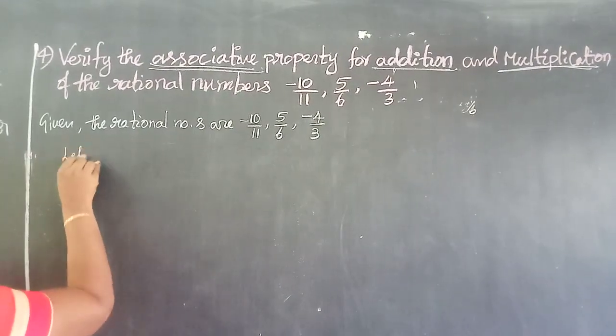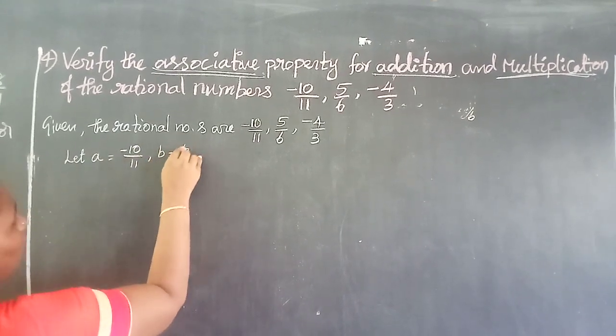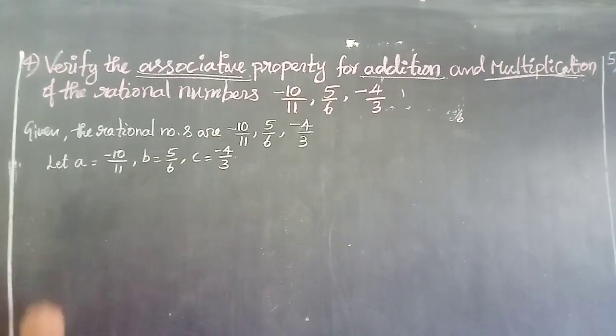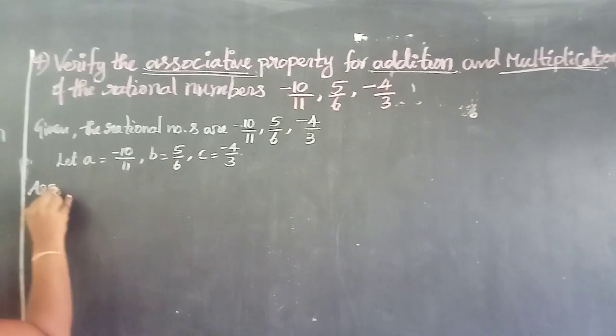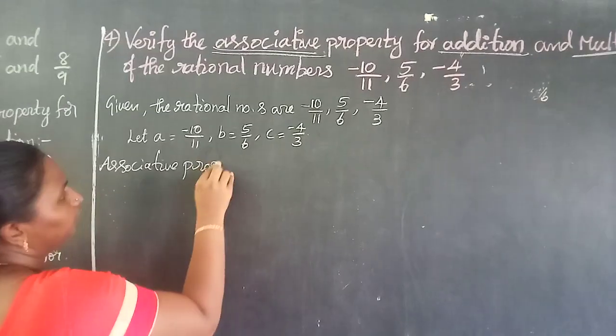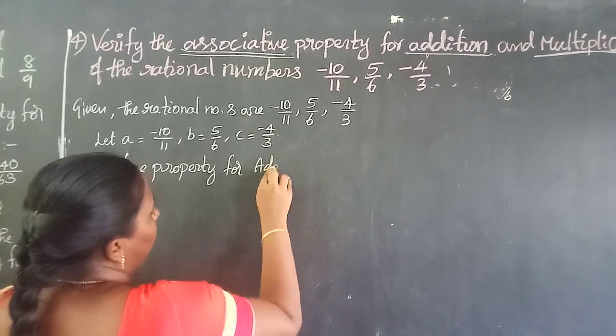So let A equal to minus 10 by 11, B equal to 5 by 6, C equal to minus 4 by 3. So next we are going to check the associative property for addition first.